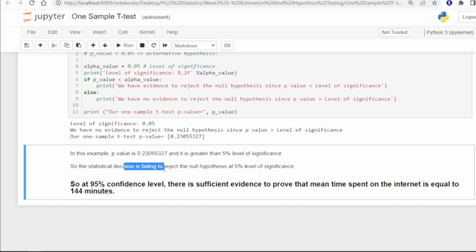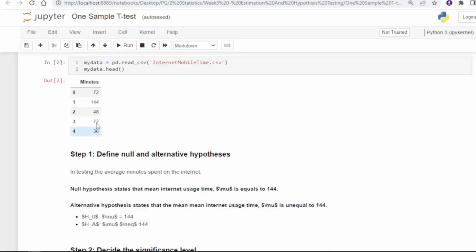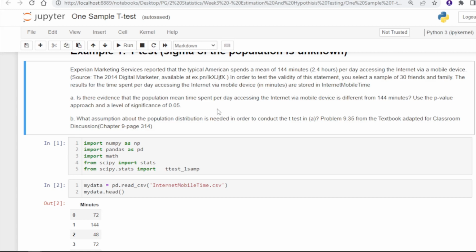This is the accurate term that we use, rather than accepted or rejected. We fail to reject the null hypothesis at the 5% level of significance. So at the 95% confidence level, there is not sufficient evidence to conclude that the mean time spent on the internet differs from 144 minutes, according to the example we discussed.